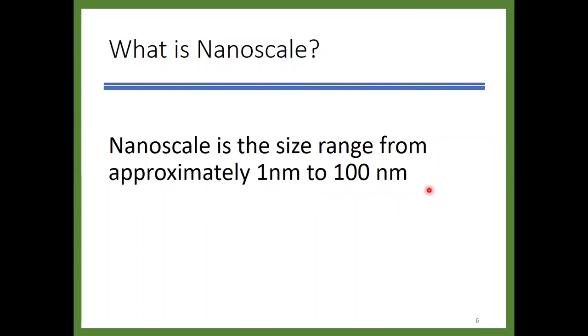And by using these strange properties of these materials, people have made many technologies advance. So in this lecture later on, we will be discussing a few examples and you will understand clearly. So now you know how to describe someone if they ask you what is nano.